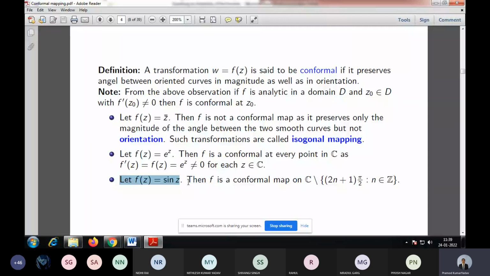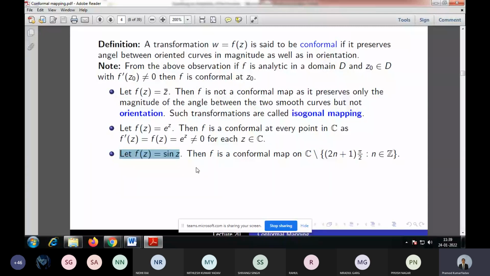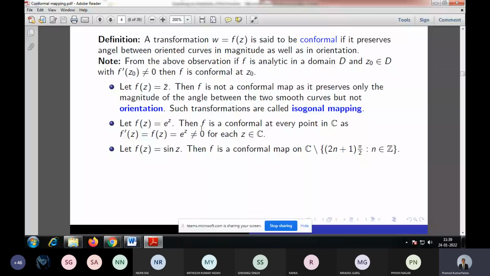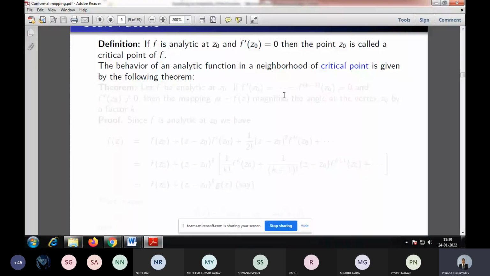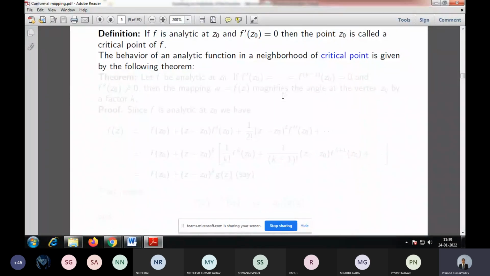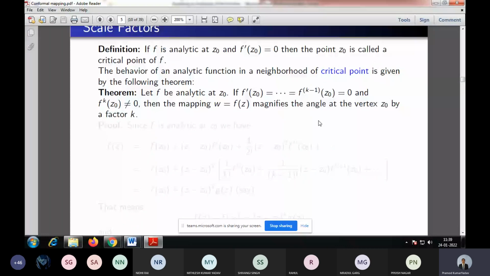Is there any point at which it is not conformal? According to this you may say that the function f is a conformal map on C except these points. Let me check what is going to happen at these points. So I hope the definition of conformal mapping is now clear.